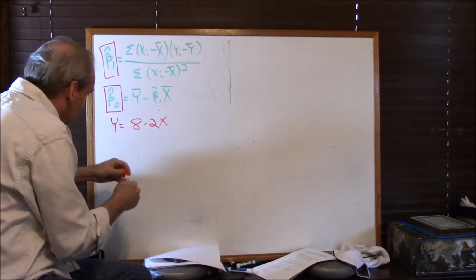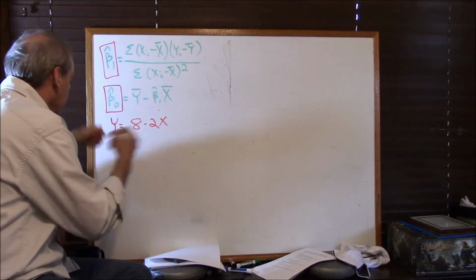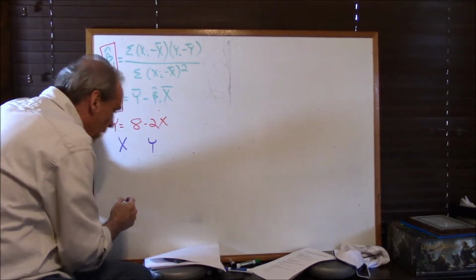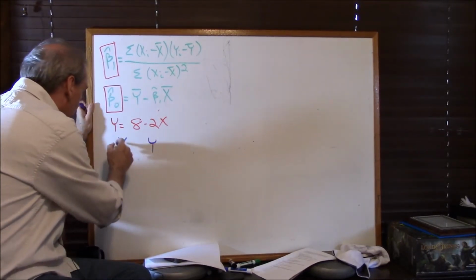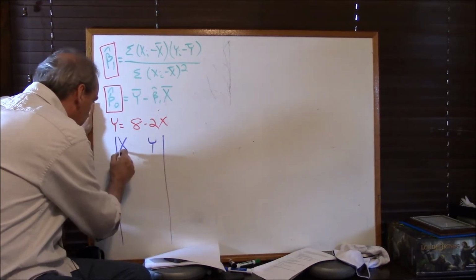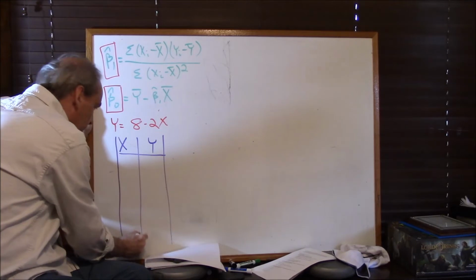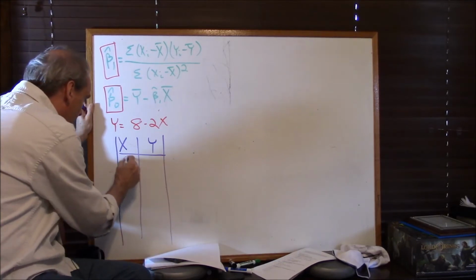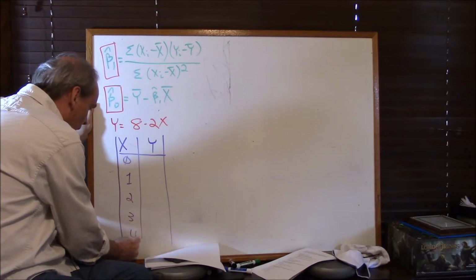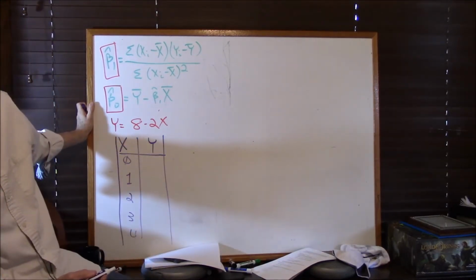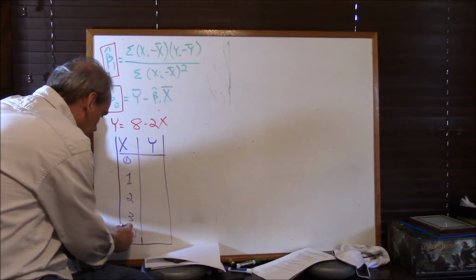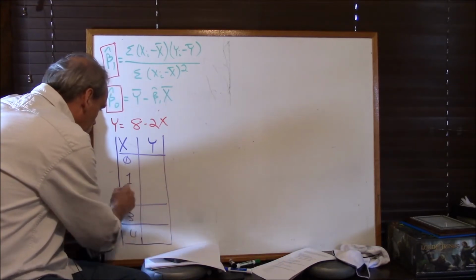I'm going to have 5 observations here. I'm going to start with x at 0, 1, 2, 3, and 4. I just made those up.